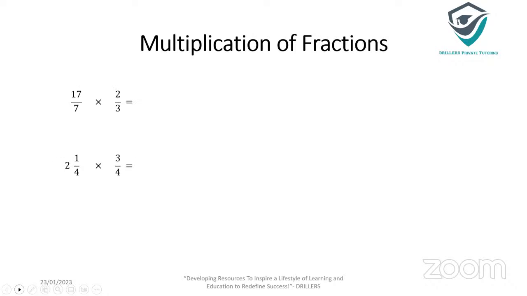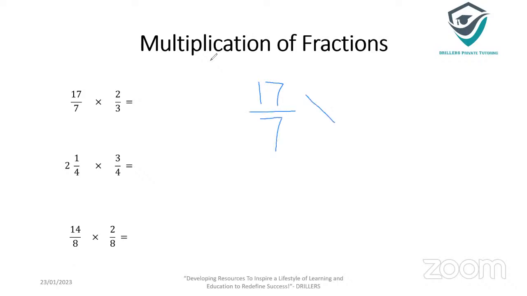So we're going to look at the same 3 questions that we have, just we're doing multiplication. So I have 17/7 and 2/3. The first step they said is to convert mixed numbers to improper fractions.